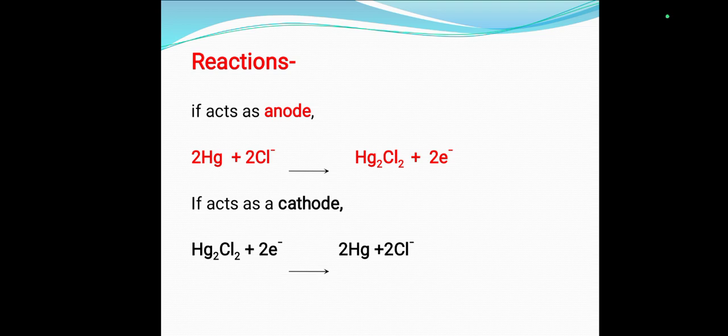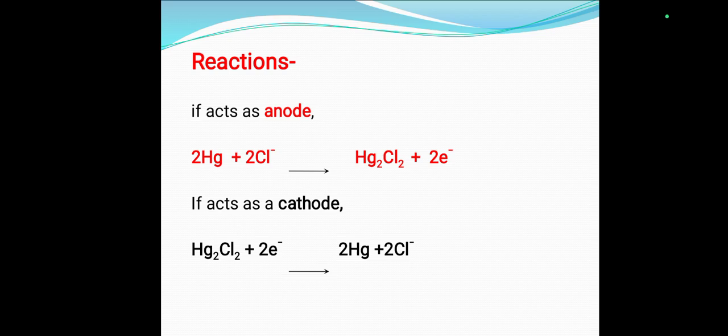Now second, if it acts as a cathode, then Hg2Cl2 plus 2 electrons, as cathode undergoes reduction, that is the gain of electrons, acceptance of electrons. So Hg2Cl2 plus 2 electrons will give you 2Hg plus 2Cl minus.